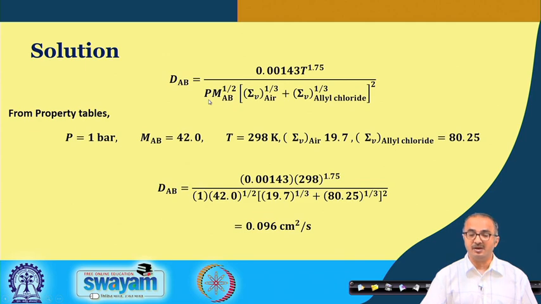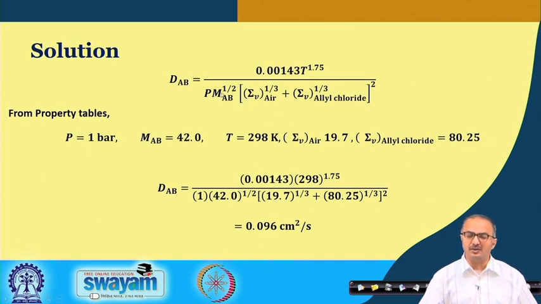It is also a function of molecular weight, because the heavier the molecule, the more effort it will take to diffuse, so its diffusion coefficient will be low. It is inversely proportional to the square root of the molecular weight, and these two expressions represent the molecular volumes. It is also inversely proportional to the molecular volume raised to the power 2/3.